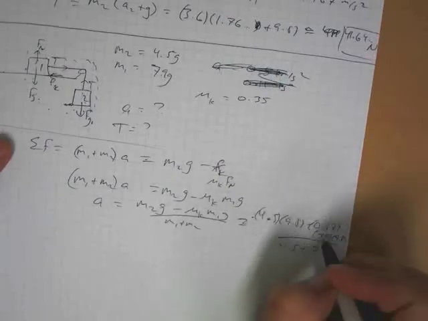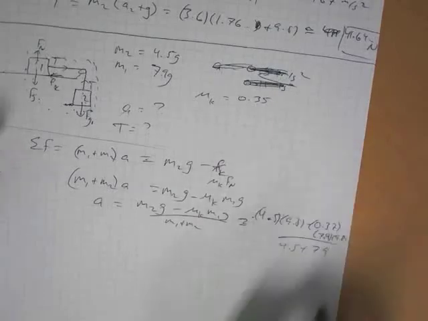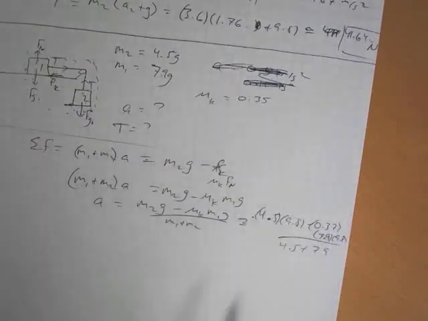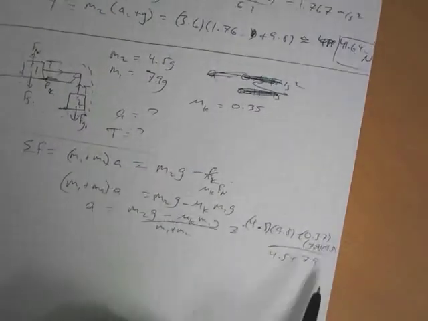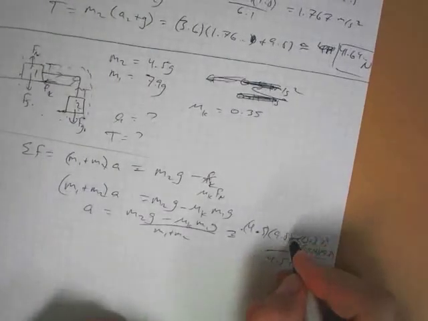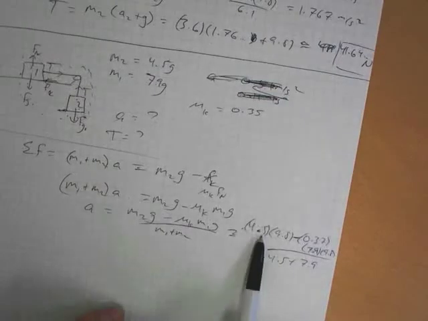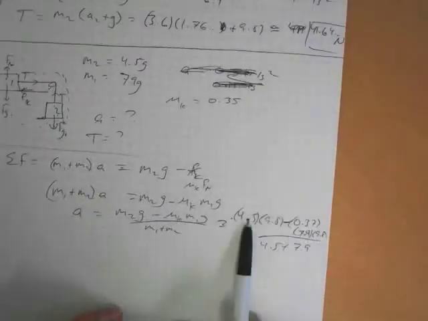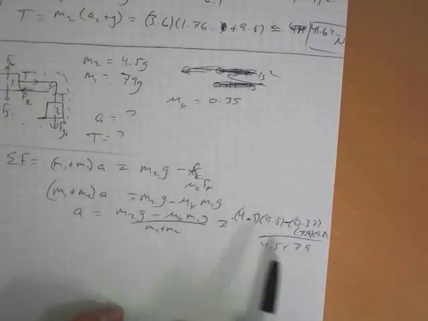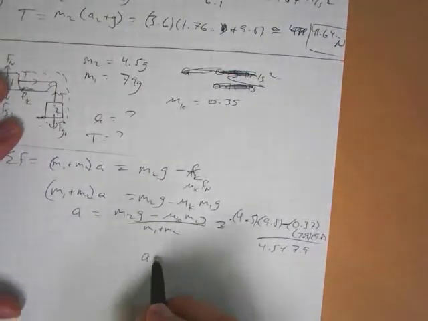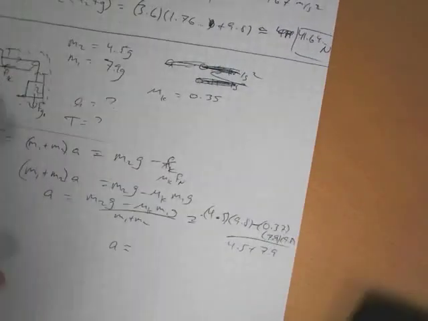Now you might stop me at this point and say, hey, wait a minute, these masses are in grams and your g is in meters per second squared, don't we need kilograms? And that may be true in some cases, but since we have masses in the numerator and masses in the denominator, the units of grams are going to cancel out. And so it doesn't matter if we convert those to kilograms or not.